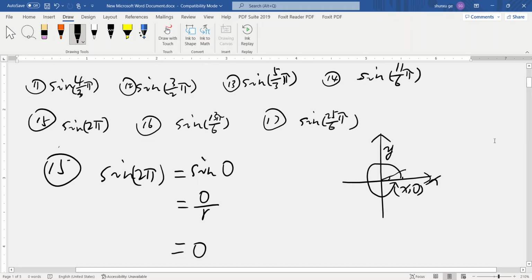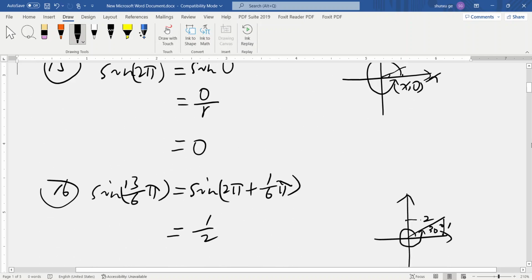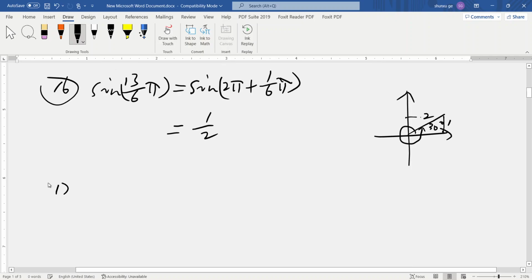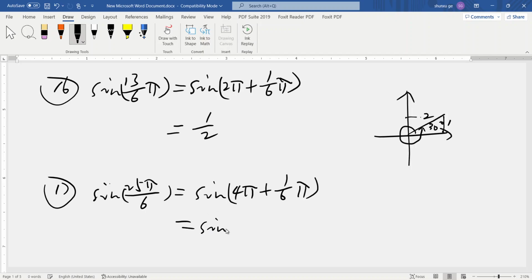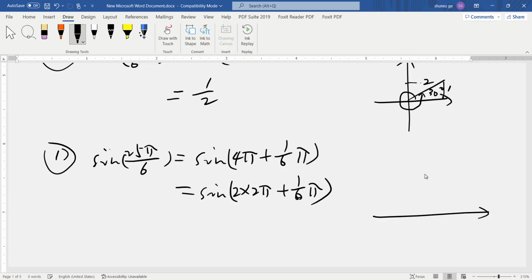Question 16 done. So 17. Sin 25 pi over 6 equal sin 4 pi plus 1 over 6 pi. 4 pi also equal 2 times 2 pi plus 1 over 6 pi. So it's here, the coordinate.